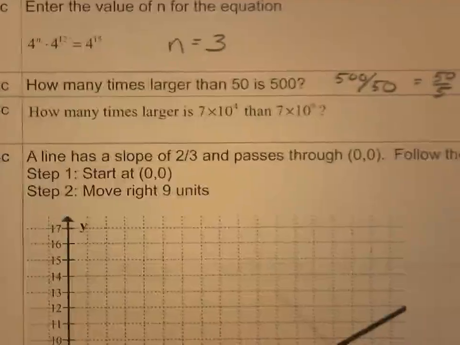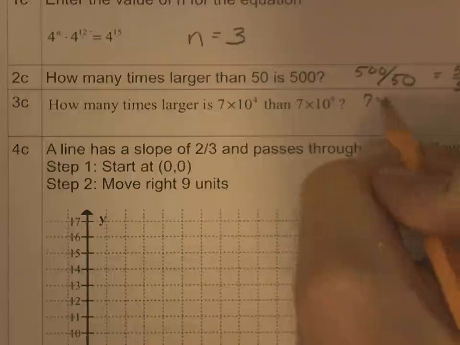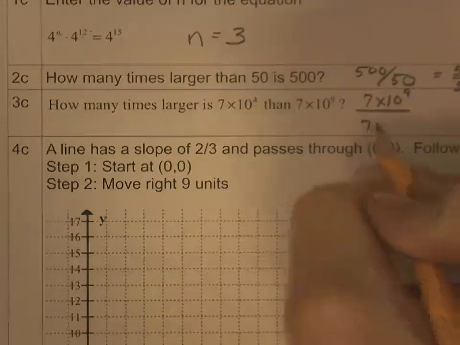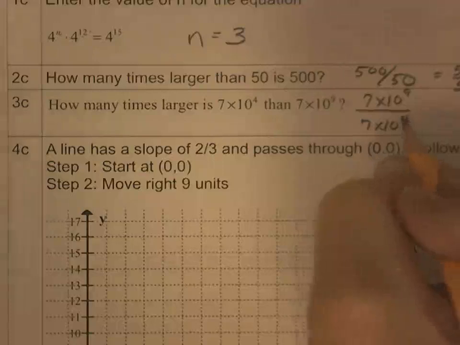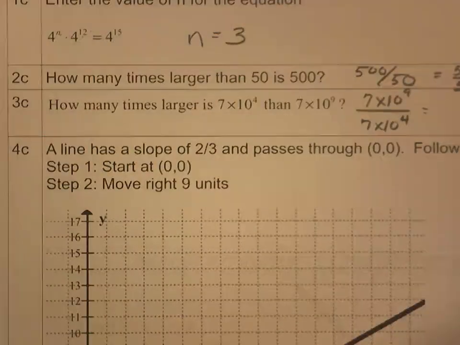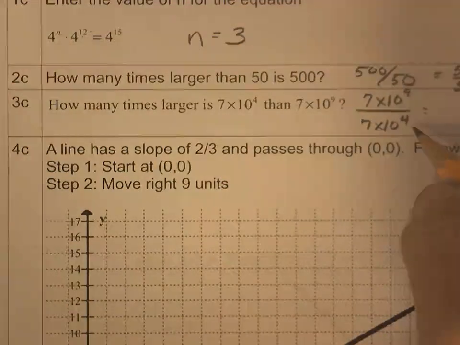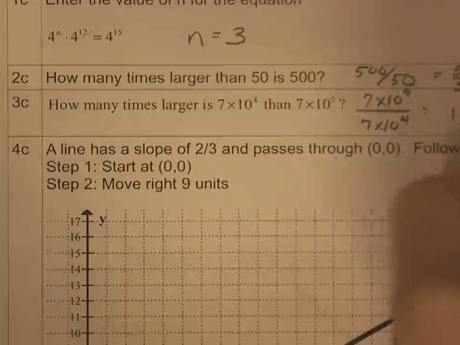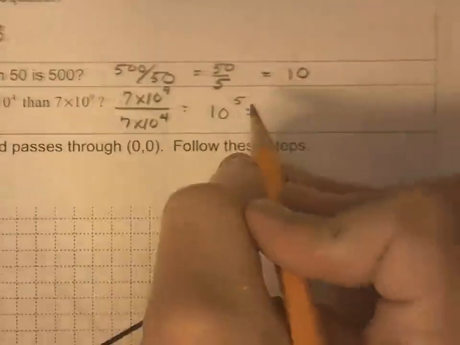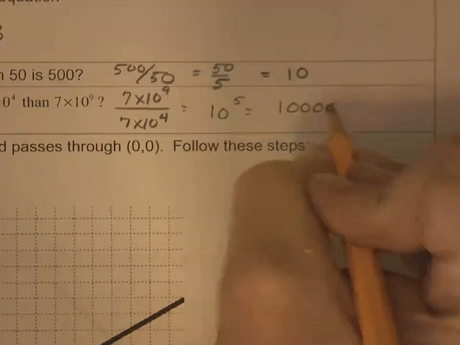How many times larger, so number 3, is 7 times 10 to the 9th over 7 times 10 to the 4th. The 7s are going to cancel. They actually become a 1 over 1, which is a 1. I have 9 10s on top and 4 10s on the bottom. That's going to give me 10 to the 5th, a 1 with 5 zeros behind it.